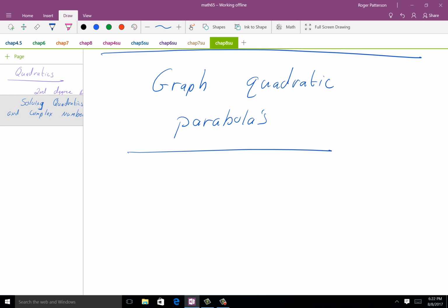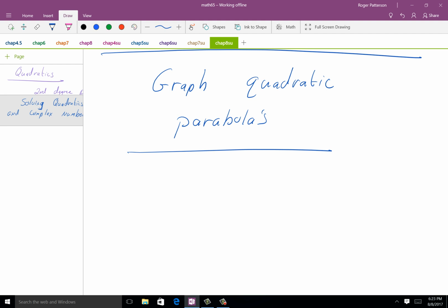So in a parabola, there are two pretty important things about the graph. One of them is the vertex. Let me get this to a nice number. 2, and I don't care about that one, and let me change this to a 4. And I'm going to graph x equals 2, which goes right through the vertex.